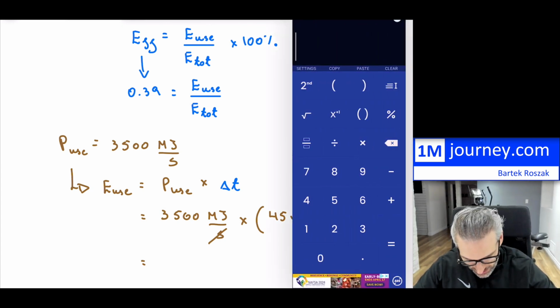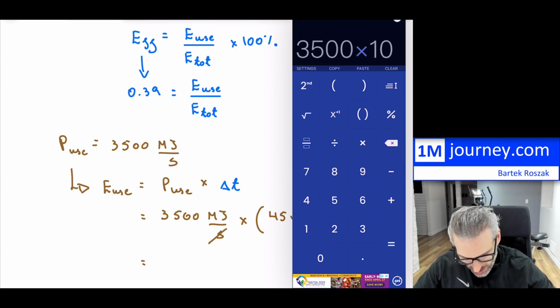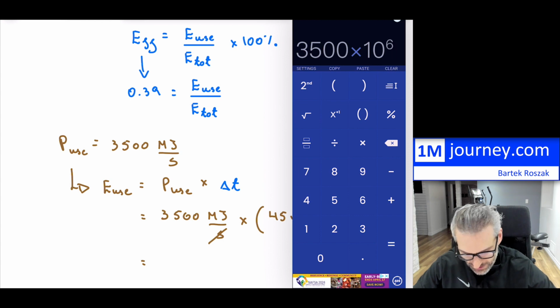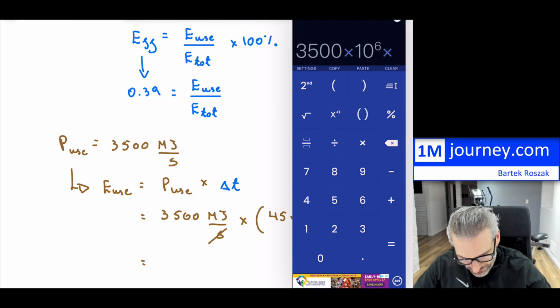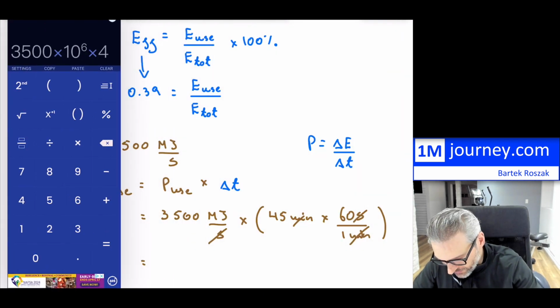So let's take out the calculator here. So 3,500, so the mega, all right, so times 10 to the 6. 1, 2, 3, 4, 5, 6. All right, and then multiplied by, so I'm just changing this to joules altogether, 45 times 60.